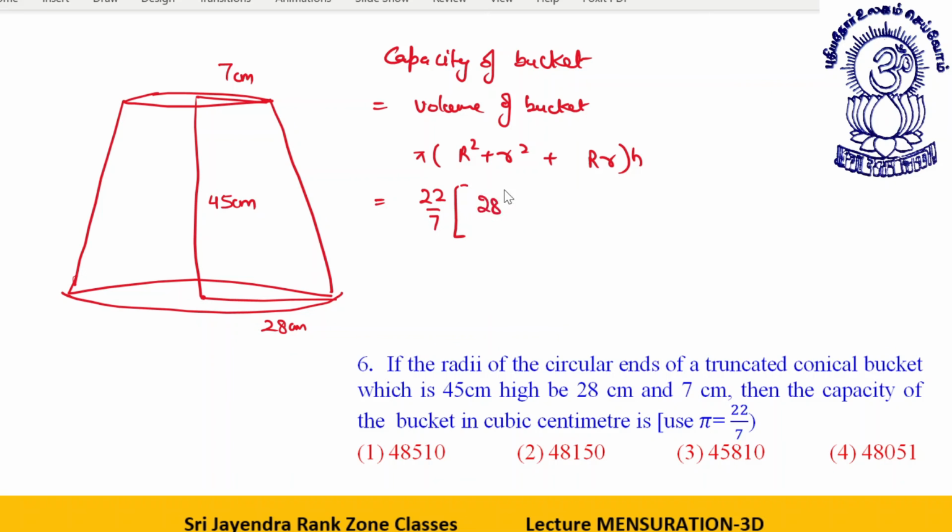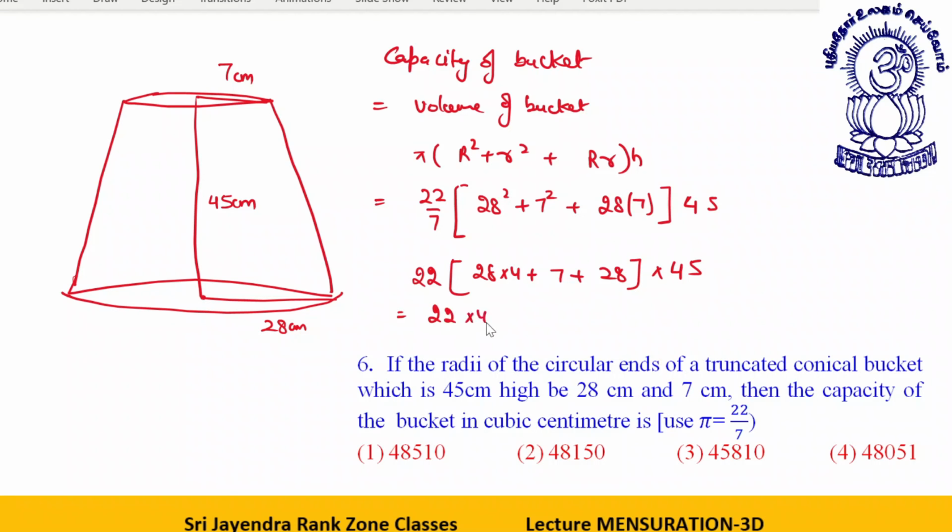R square means 28 square plus 7 square means 7 square. 28 into 7 into 45, or you can say 22. If I remove a 7, it is 28 into 4 plus 7 plus 28 into 45. This is like 22 into 45 into 28 into 4 is 112, 119, 119 plus 28 is 147. Fine, dear students. So far clear?